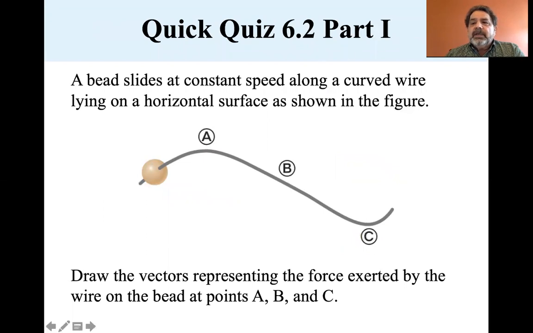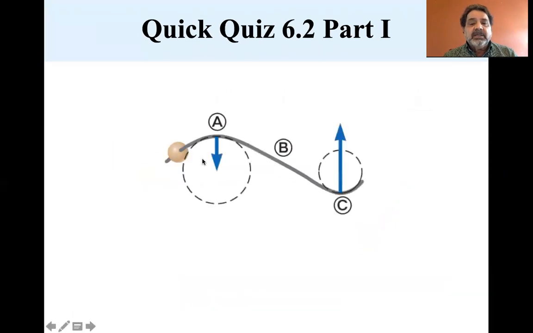Let's look at a little quiz. A bead slides at constant speed along a curved wire lying on a horizontal surface, as shown in the figure. Draw the vectors representing the force exerted by the wire on the bead. Well, along here, the wire is going to provide a centripetal force directed downward.